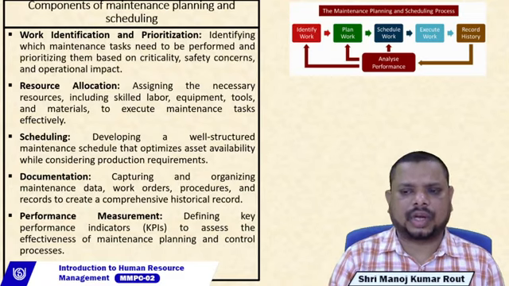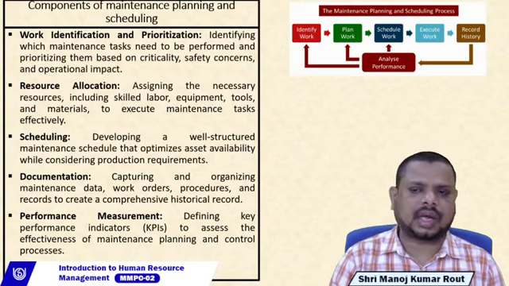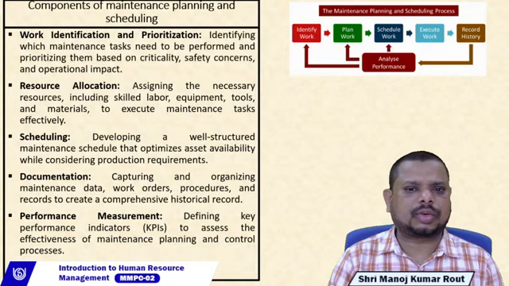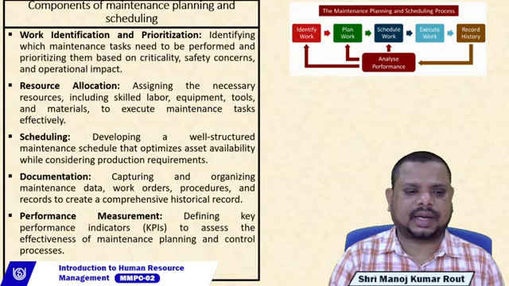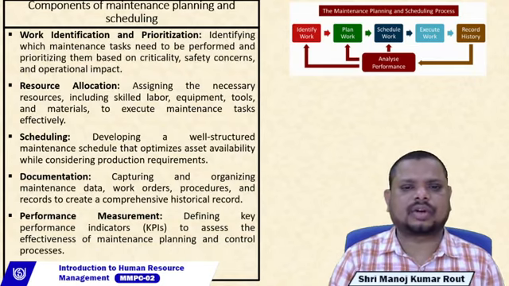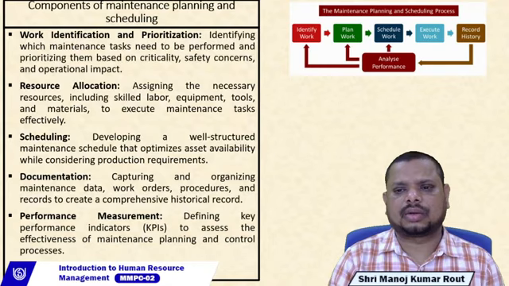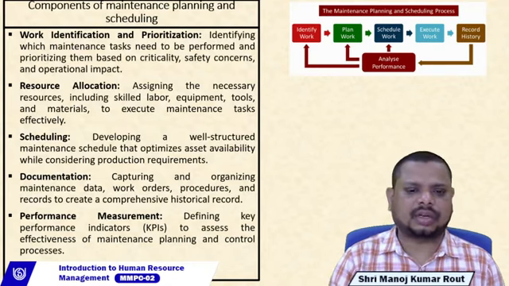The fourth component we have is known as documentation. Current, past, and future documentation is needed in maintenance planning and scheduling. These documents include maintenance-related data, work orders, different procedures for fixing machines and tools, and the records to create a comprehensive historical record, which is referred to in future courses of action.